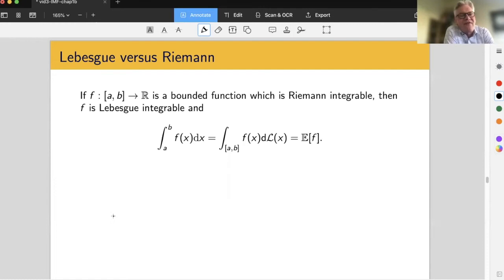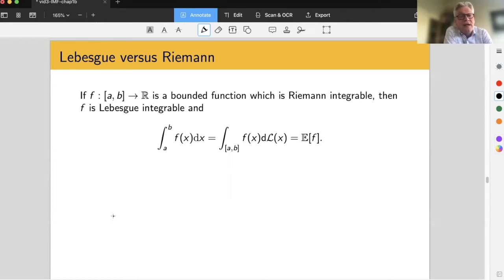If f is a function from a closed interval [a,b] to R, and it's a bounded function which is Riemann integrable, then f is Lebesgue integrable.